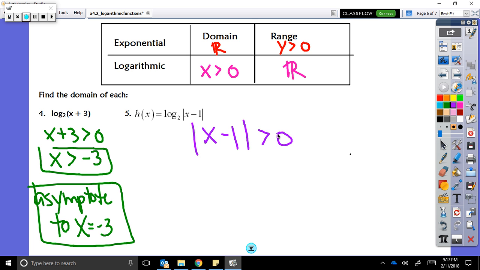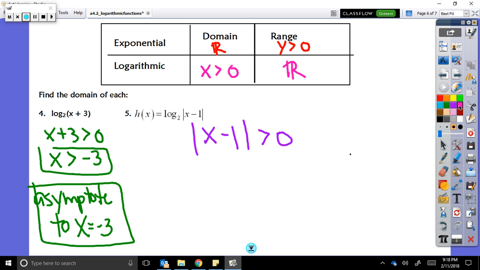Okay, all right, I want you to have a little bit of discussion with your partner about this next one. Absolute value of x minus 1 has to be bigger than 0. All right, so go. All right, so let's do a quick little talk about this one, okay?